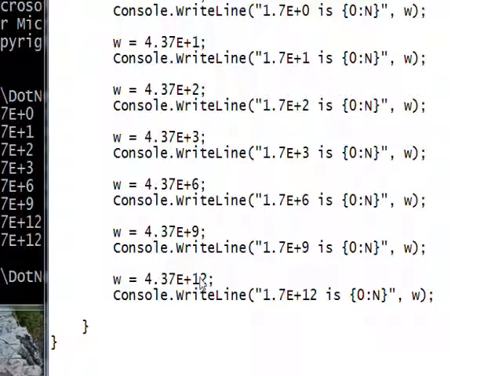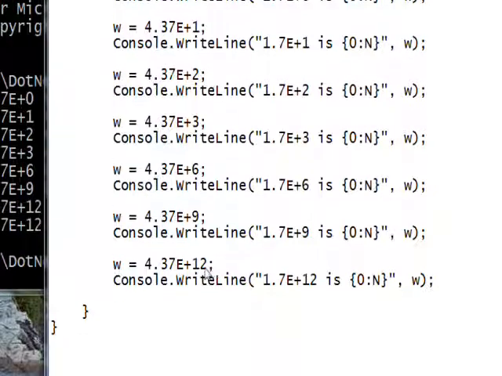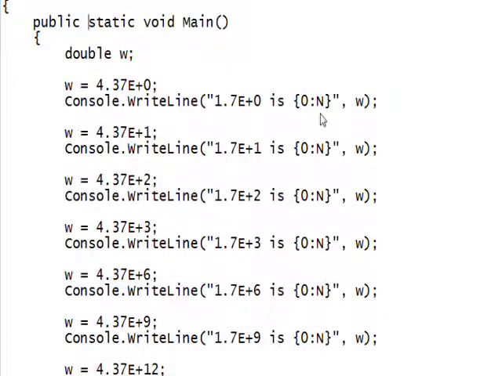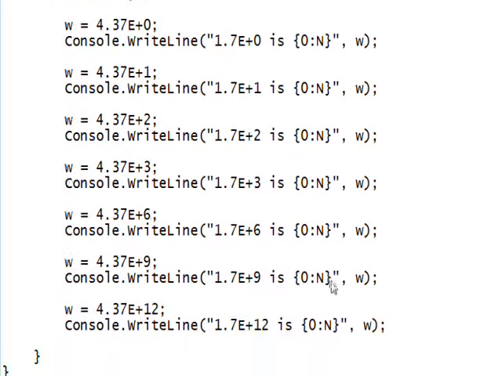And E plus 12 would be 10 to the 12, so that would, I think, be a ter. It's like a terabyte. I think ter is the abbreviation for that. But you can see where if you're specifying a huge number, this is a useful notation. You don't have to write something out that's a million lines long. And in fact, when we do the console write, we do write it out that's a million characters long.